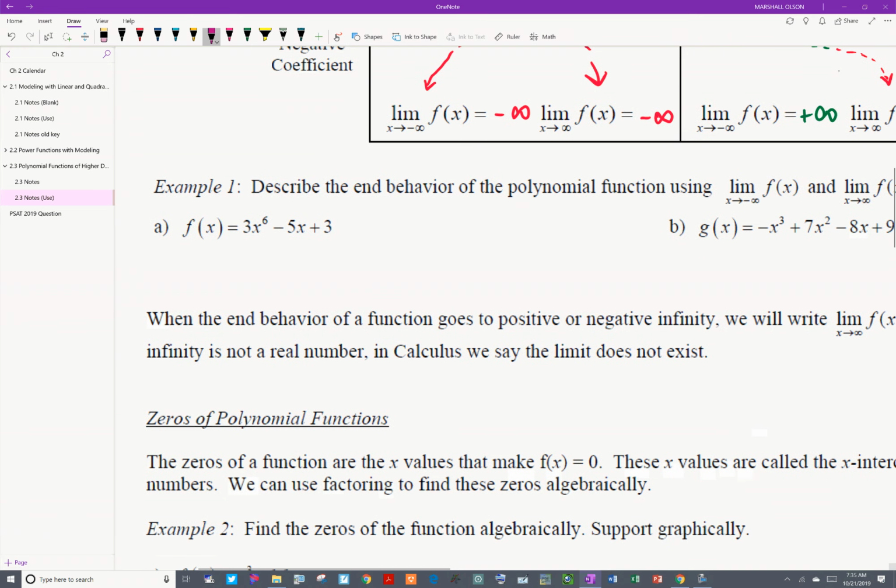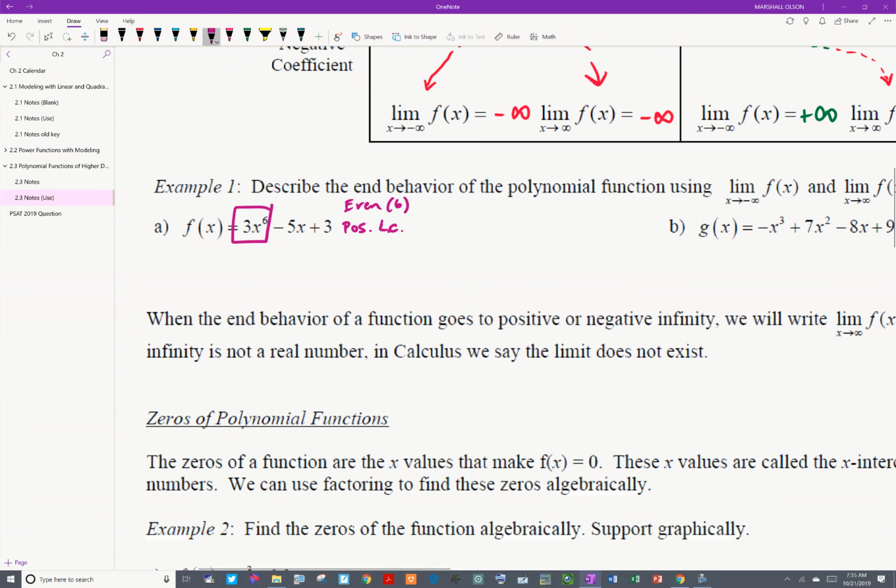To describe this end behavior using limit notation, the first thing we want to look for is that first term, and specifically whether or not the degree is even or odd, and here it's even, and whether or not the leading coefficient is positive or negative, and in this case, it's a positive leading coefficient.